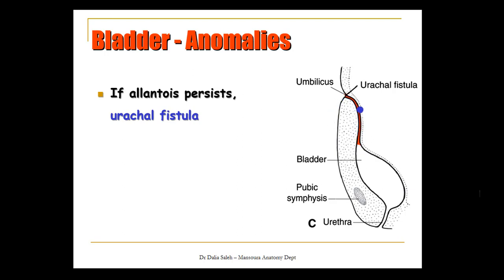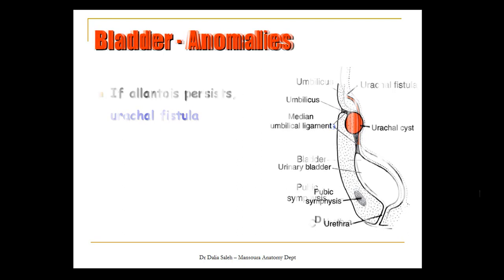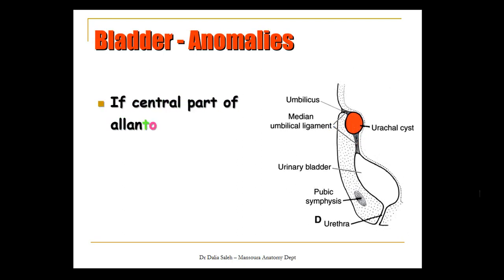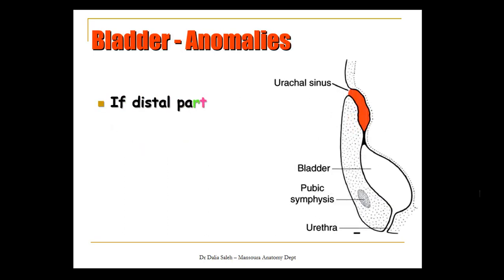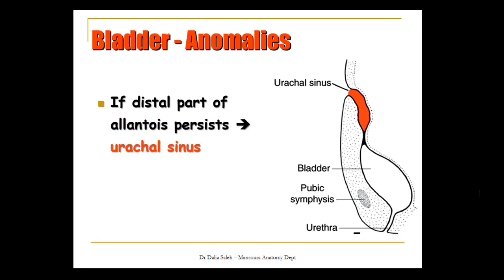Or if the central part of the allantois persists and the two ends, proximal and distal, obliterate, we will end up with what is called a urachal cyst. If the distal part of the allantois persists while the proximal end obliterates, we will end up with what is called a urachal sinus. This is the end of my presentation, and thank you for listening.